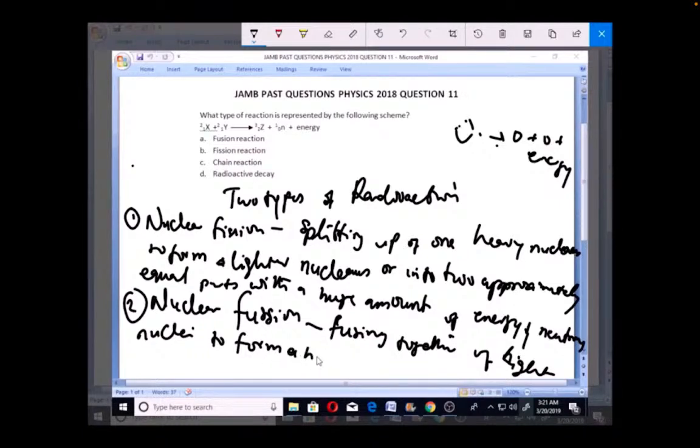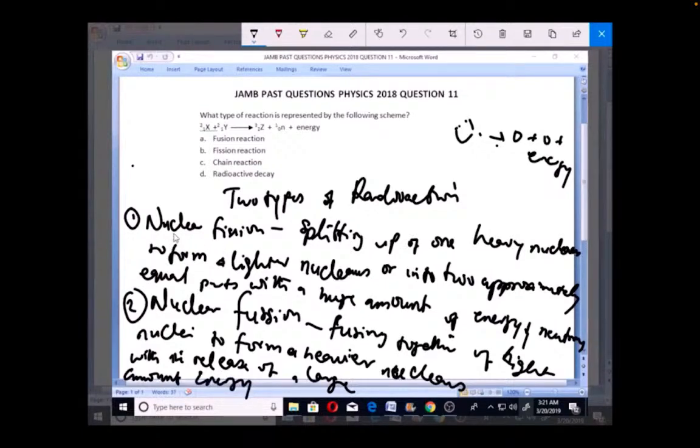So when smaller ones come together to form a heavier nucleus, we call it nuclear fusion, and this also happens with the release of energy. Whenever there is radioactivity, there is always release of large amounts of energy. Very, very important.